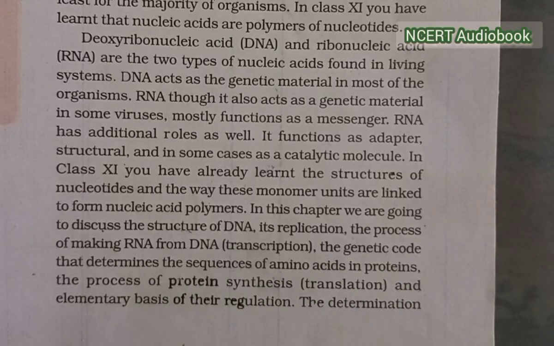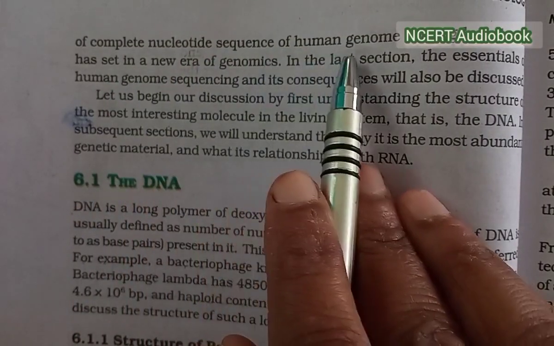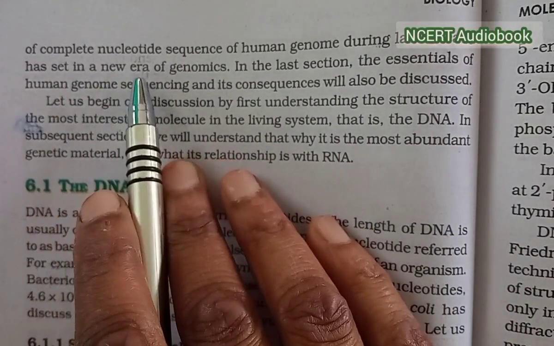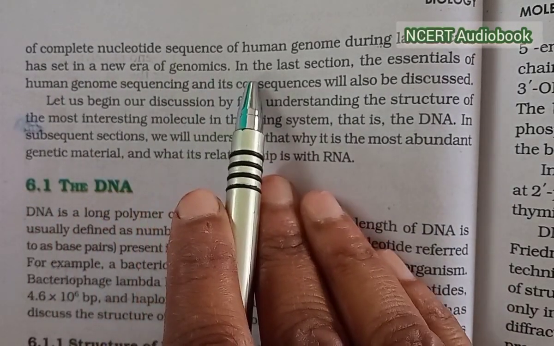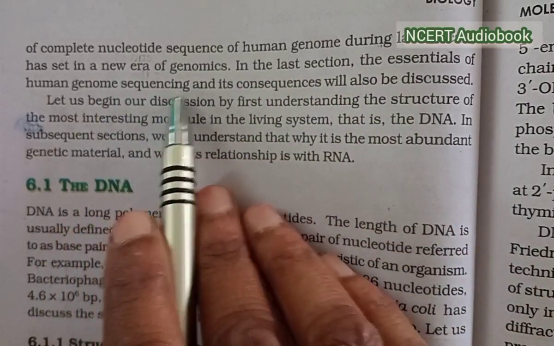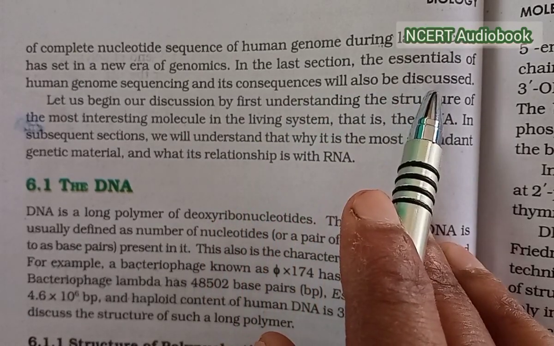The determination of the complete nucleotide sequence of a human genome during the last decade has set in the new era of genomics. In the last section, the essentials of human genome sequencing and its consequences will also be discussed.